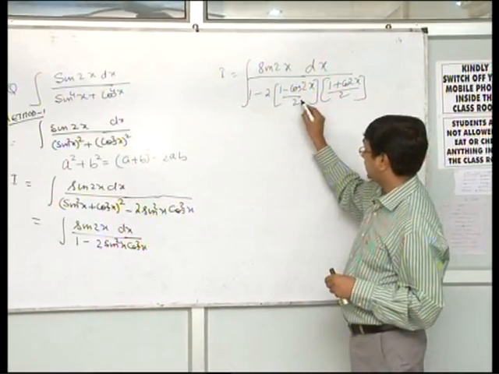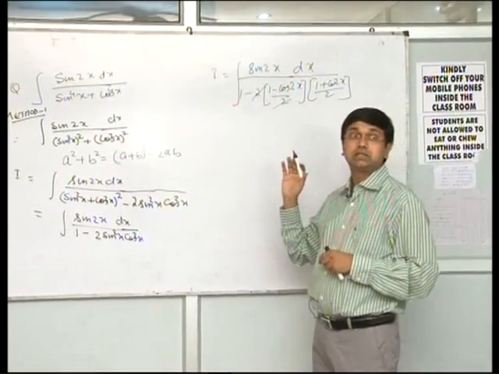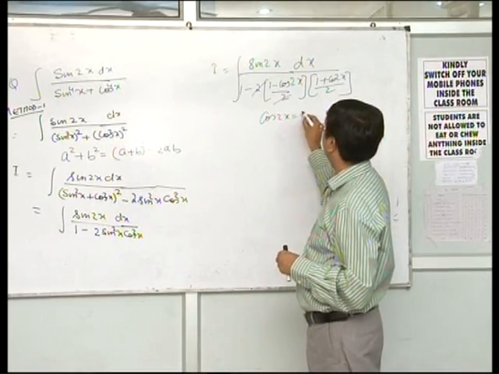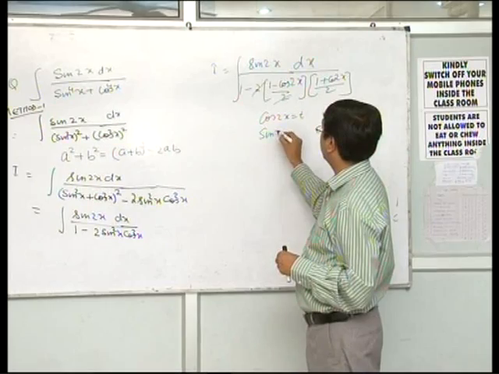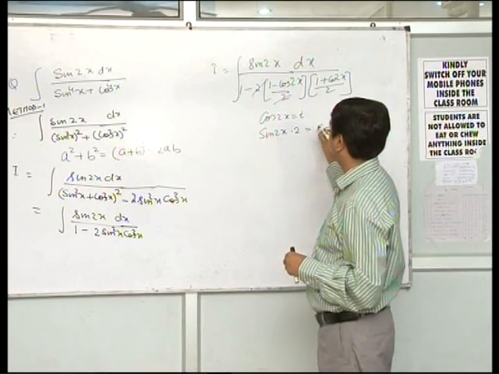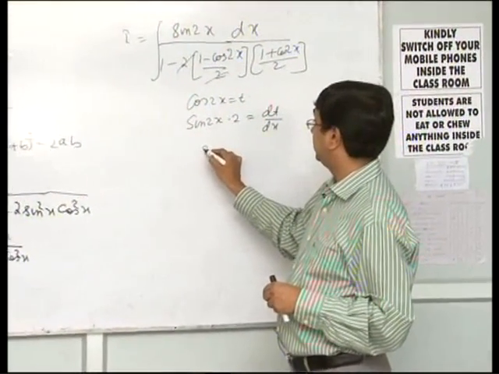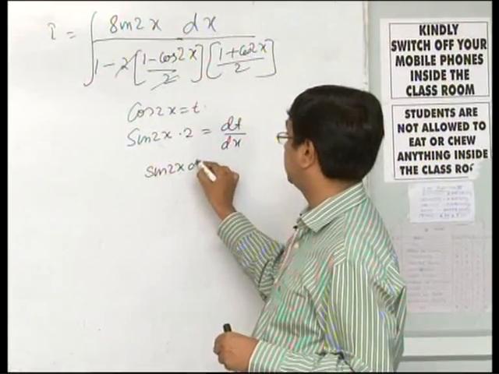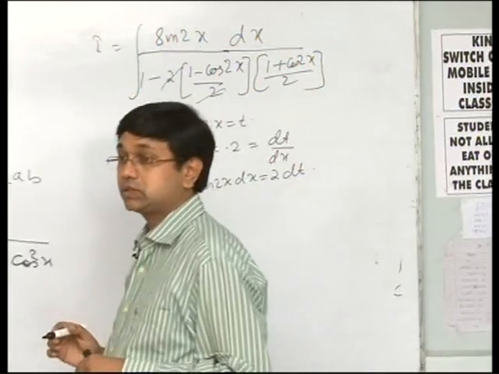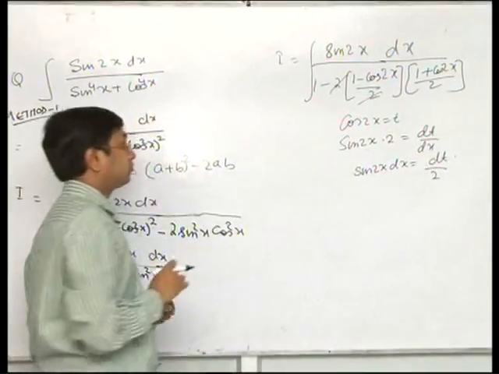So now you can see that, let's cancel this, but sin 2x is directly the derivative of cos 2x, right? So if I put cos 2x equal to t, I'll get sin 2x into 2 is equal to dt by dx. So you can cross multiply, you will get sin 2x dx is equal to dt by 2.